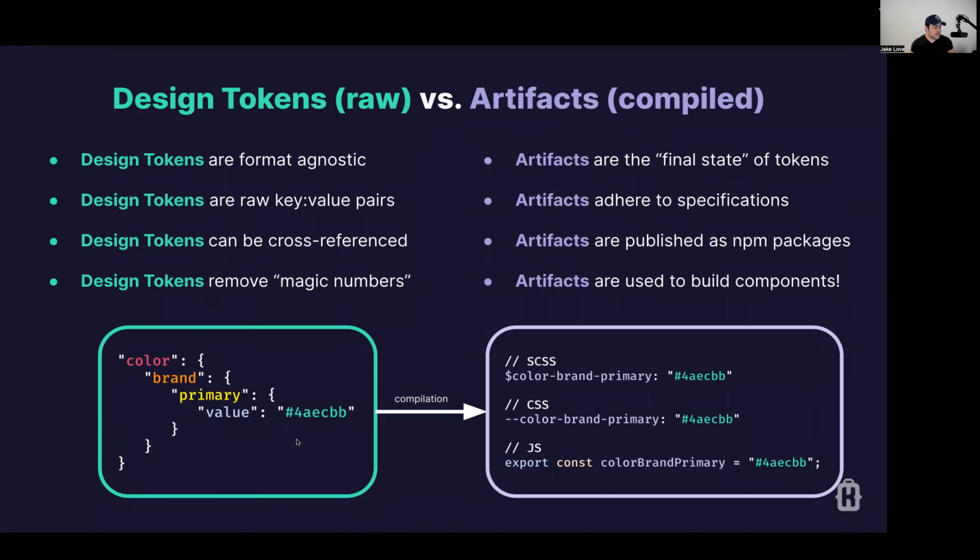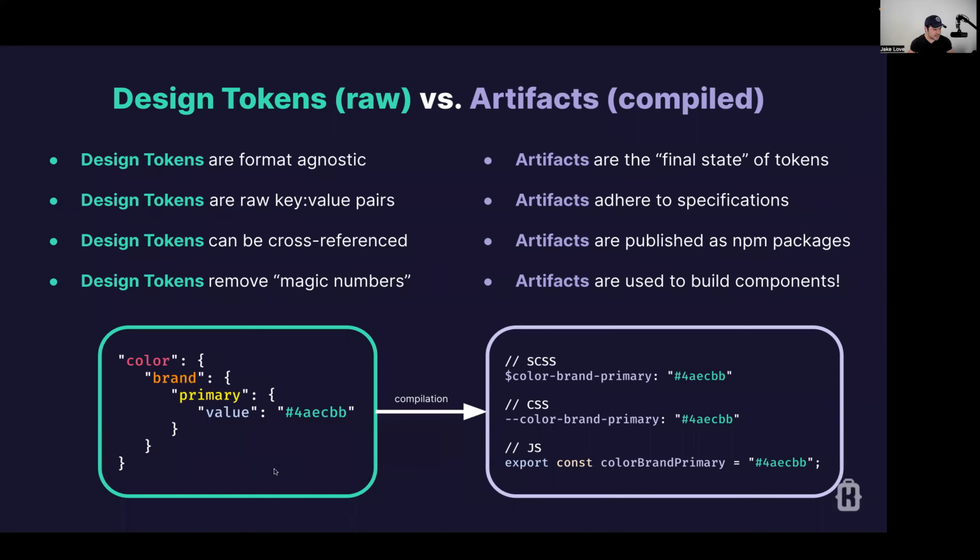And because they're not concerned about specific formatting or any kind of specifications at this point, we're able to set up our themes, set up our components, either in a global way or granular way. But you're also able to reference these colors and these tokens all throughout your system, and that can be in other tokens.